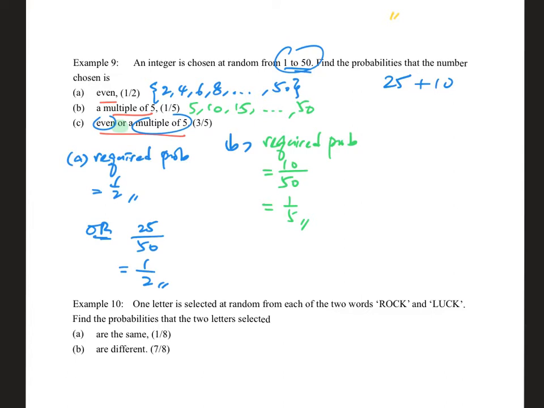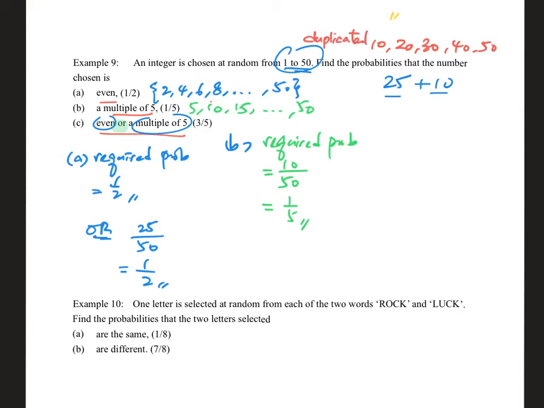Definitely not, because when you talk about either one of them, 25 and 10 is okay, but you have to check very carefully: are there any numbers which are duplicated? Yes, you will see that the numbers 10, 20, 30, 40, and 50 are duplicated. See it?